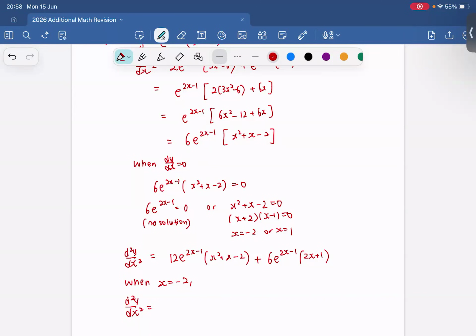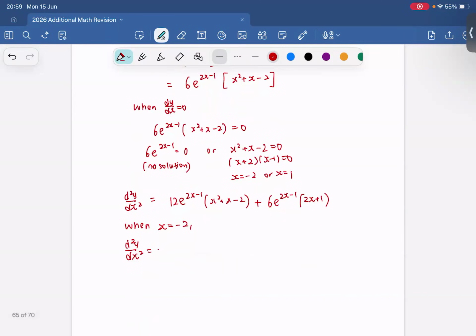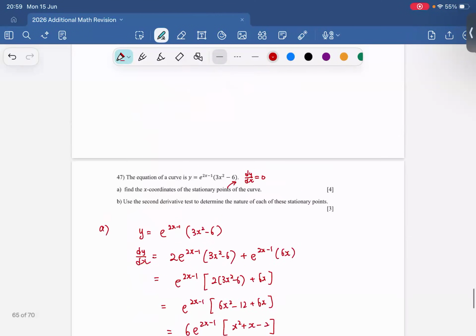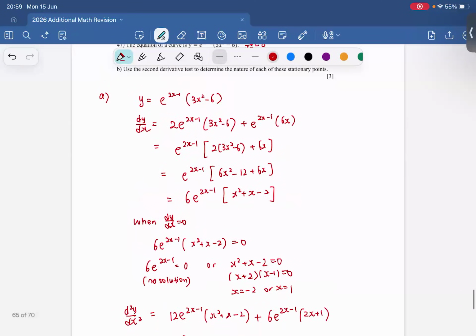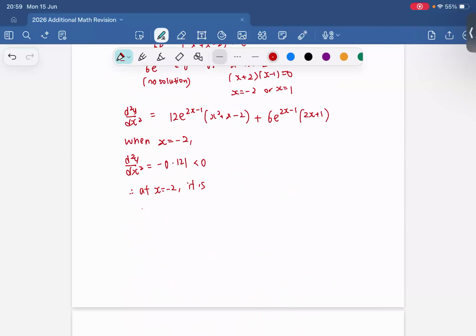This is negative 0.121, less than 0. Therefore, at x equals -2, it is a maximum point.